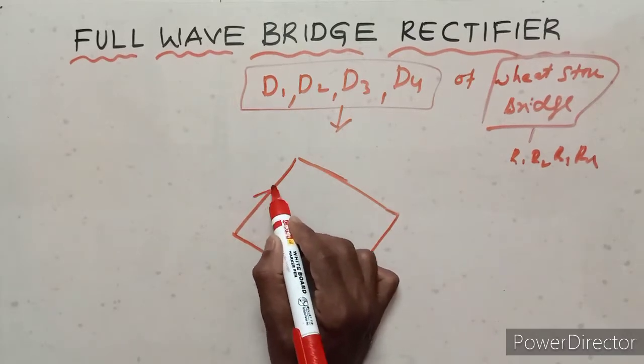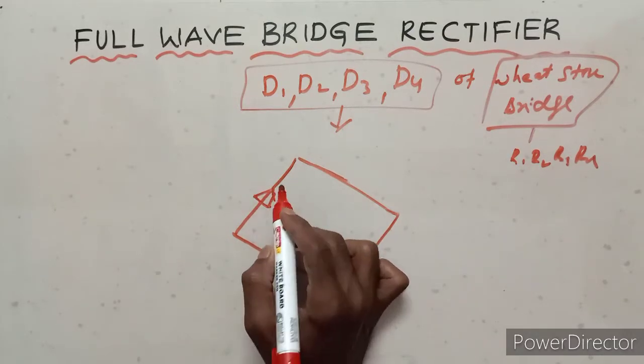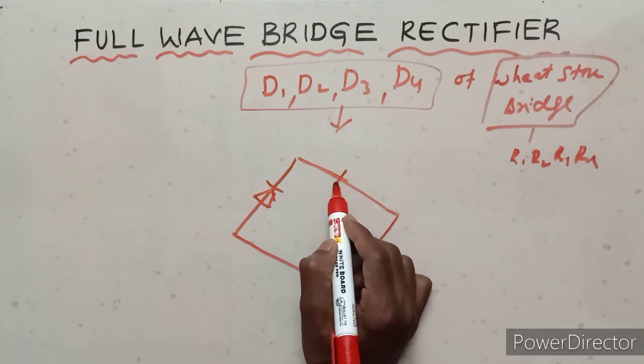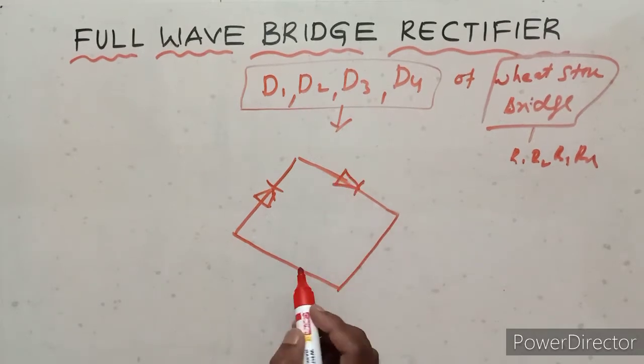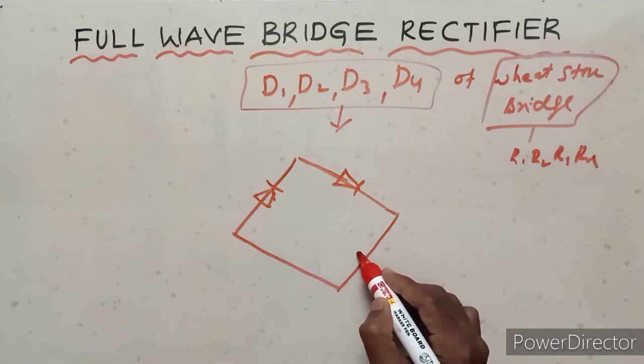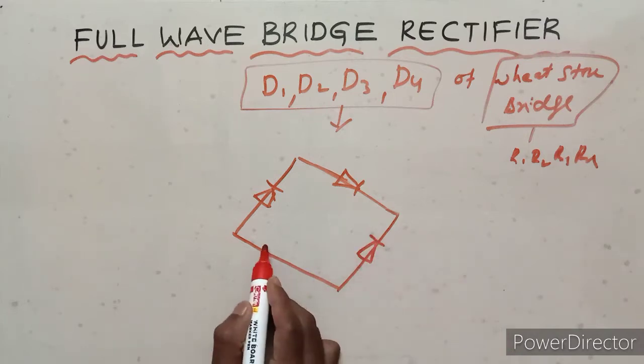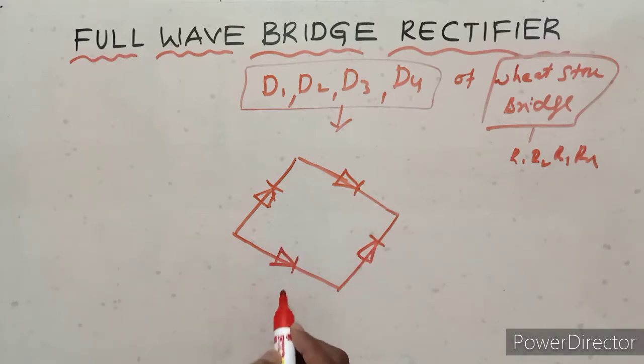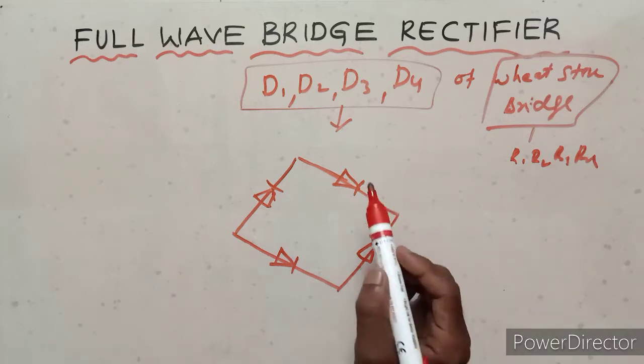This is a diode, this is a diode, this is a diode, this is a diode. 4 diodes.